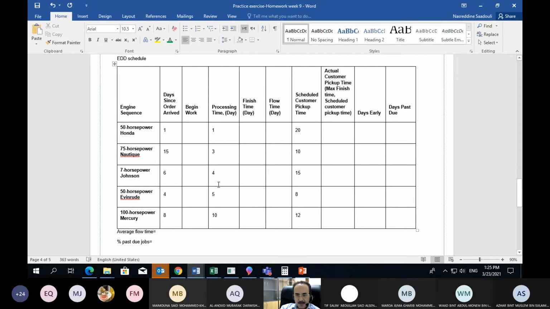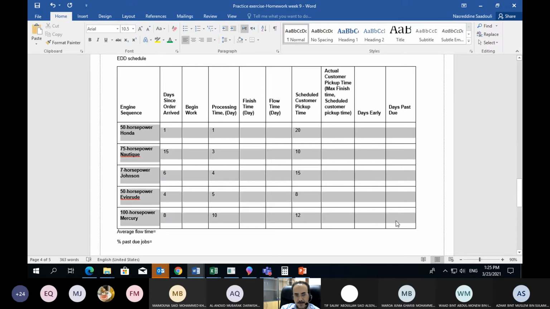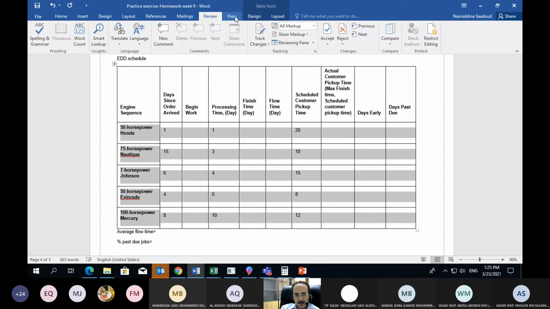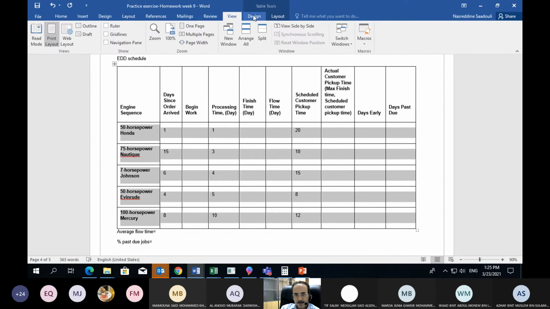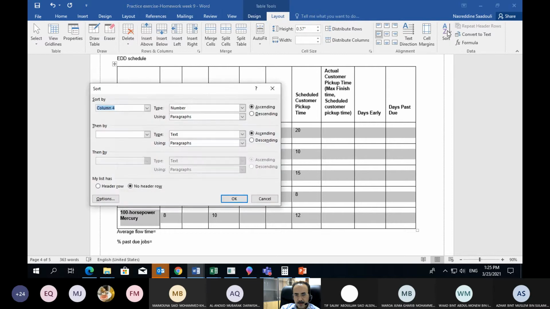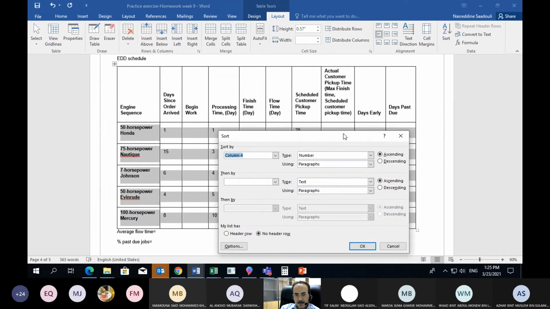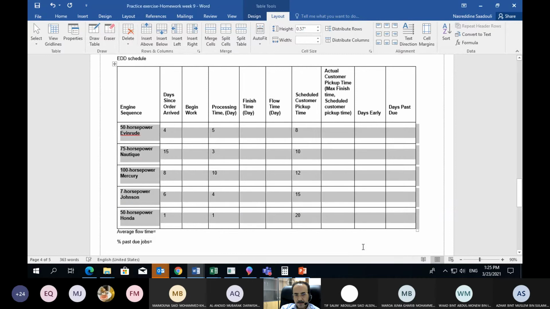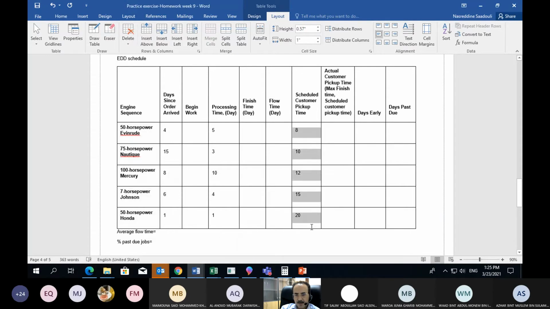Instead of doing this manually, I'm going to do this using the Word document that I have here. I'm going to sort it on column number 7, the scheduled customer pickup time.